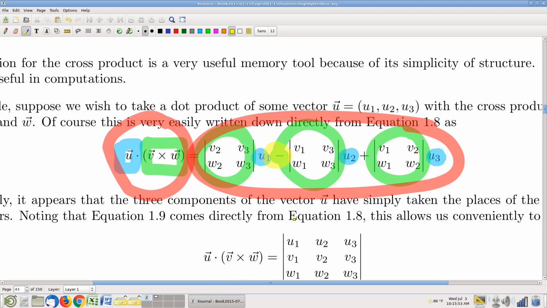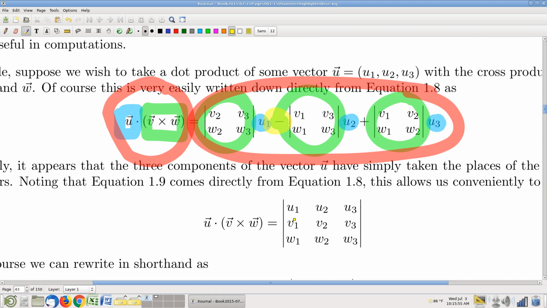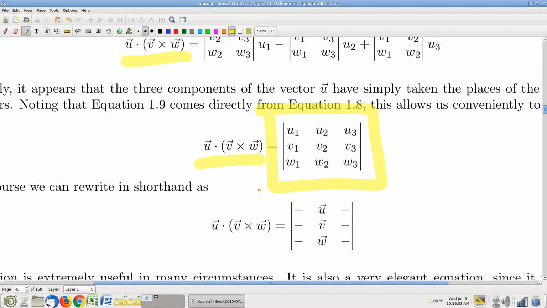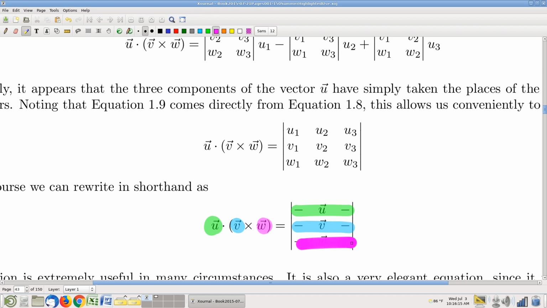So that too is a determinant, and that gives us this formula here. This triple product is a determinant. Or the way I like to write it, a shorthand for the same thing, is this triple product construction: first vector, first row; second vector, second row; third vector, third row. Okay. Everybody on board?